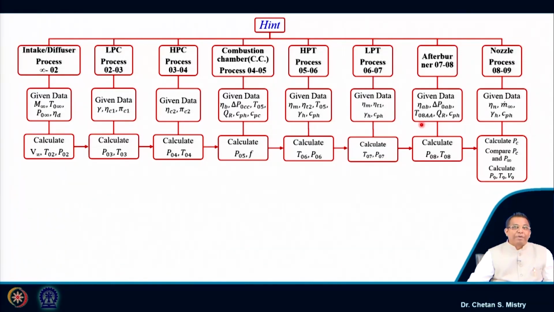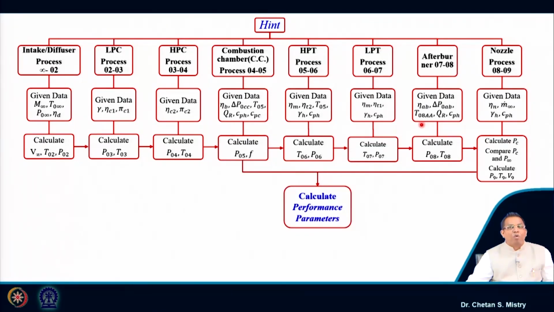When I say cycle parameters, be careful, we are talking about the calculation of pressure and temperature. Now, once we have all this information with us, we will be able to calculate our performance parameters. These performance parameters are thrust, thrust specific fuel consumption, specific thrust, thermal efficiency, propulsive efficiency, overall efficiency.